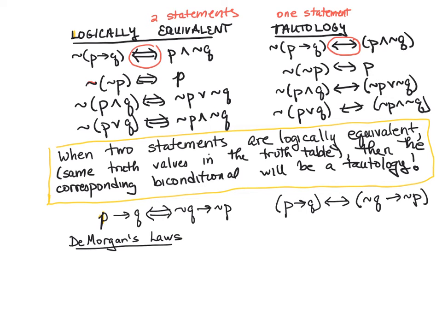I'm not going to rewrite it. The negation of P and Q is logically equivalent to the negation of P or the negation of Q. We could rewrite it as follows. We write one side up here, draw a line, which means conclusion, and then the conclusion below.